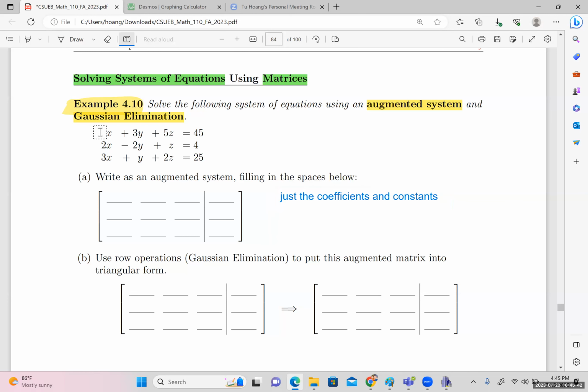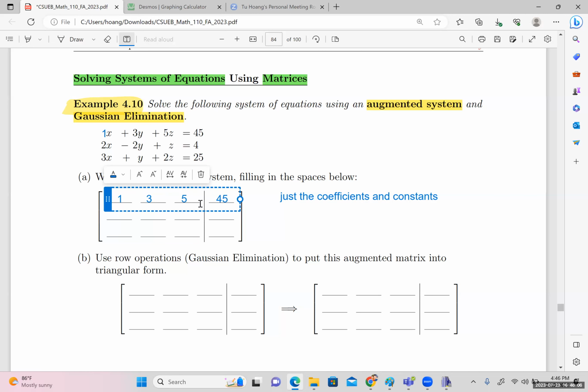You can see that the coefficients in the first row are 1, 3, 5. Let's put out 1, 3, 5, and the constant on the right hand side is going to be 45.